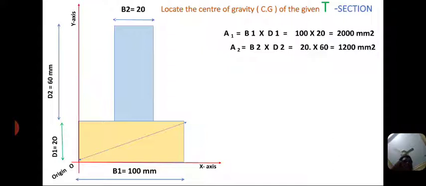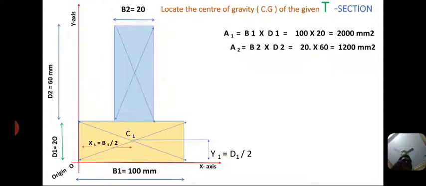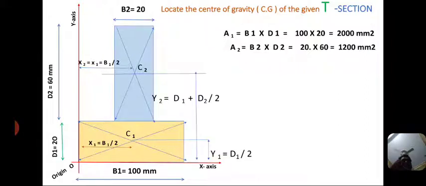Now I am drawing the diagonals to locate the individual centroids, where C1 is the centroid of the bottom rectangle at a distance of x1 from the y-axis and y1 from the x-axis. Similarly, C2 is the centroid of the upper rectangle at a distance of x2 from the y-axis and y2 from the x-axis.